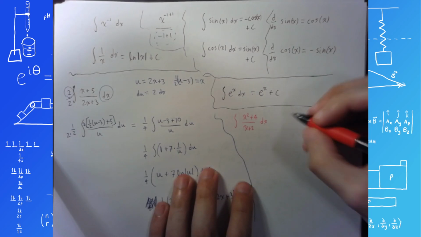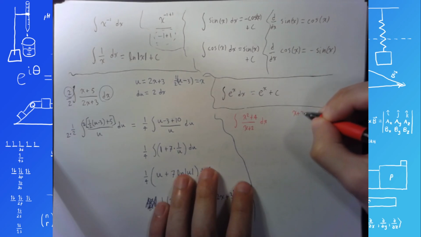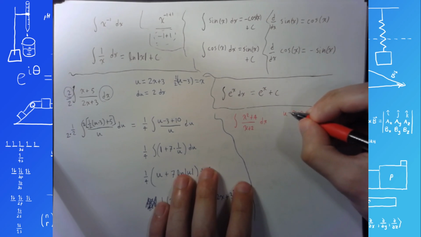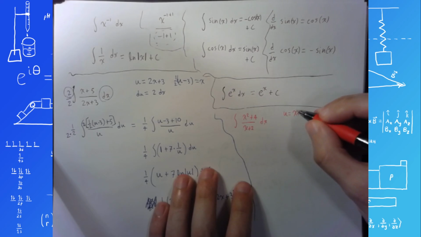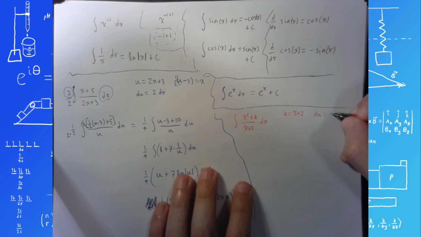So x plus 2 is going to be my u-substitution, which gives me du equals 1 dx.